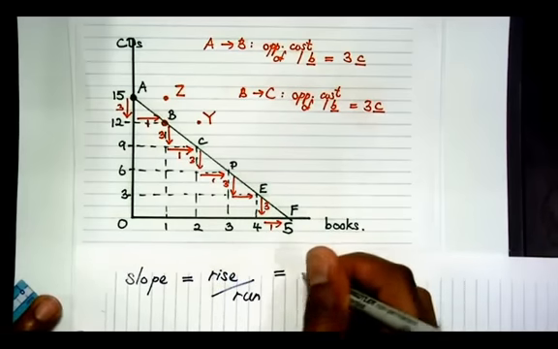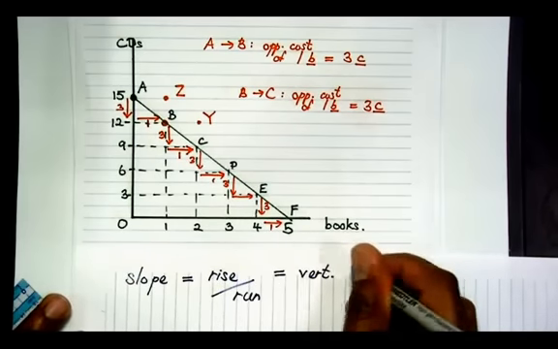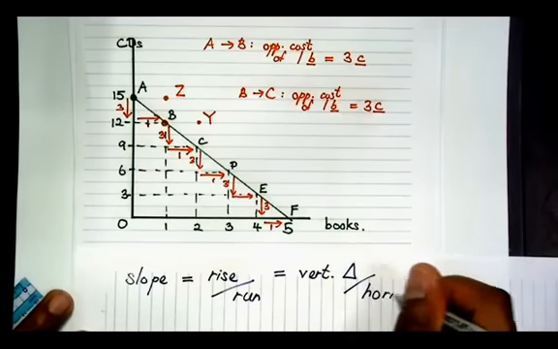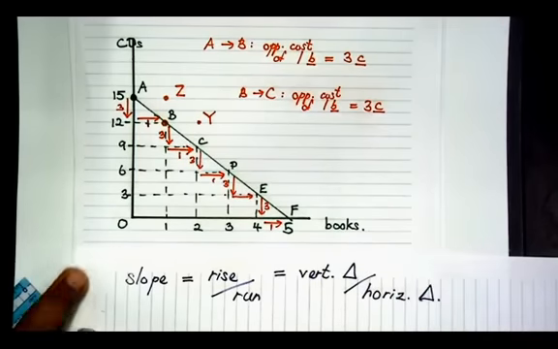Or I prefer the vertical change, triangle is change, divided by the horizontal change.